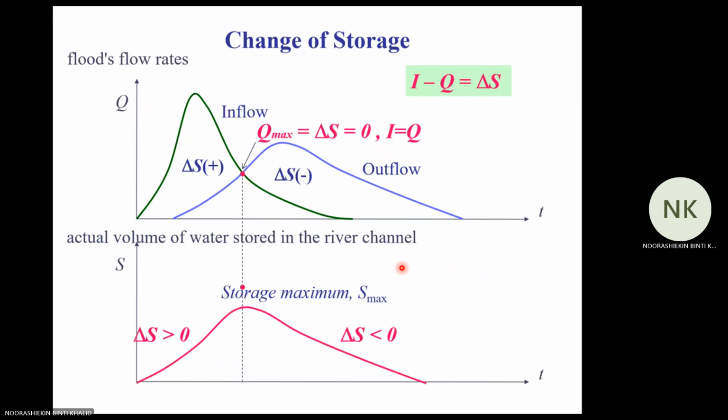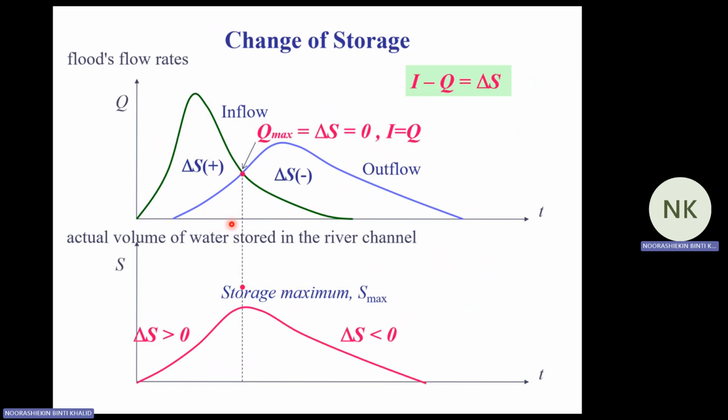We can see here there are two graphs. In the top graph, the green line is the inflow. For example, imagine there is a flood, so the flow into the river, the inflow, is greater than the outflow.